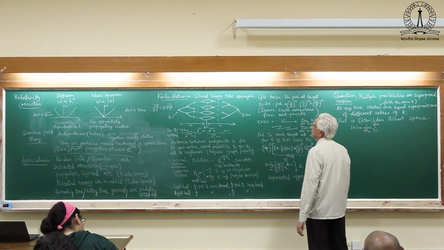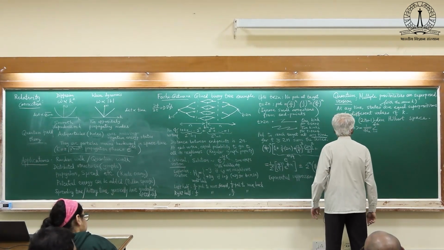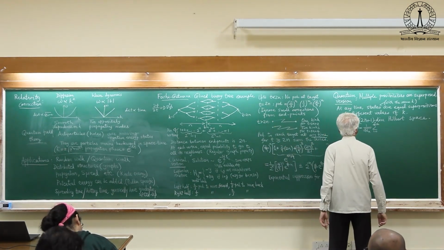How many states will be in the notation of k depends on which level of the graph.